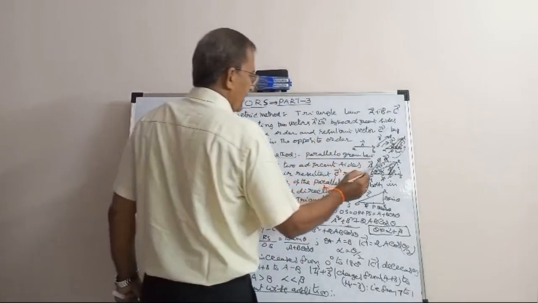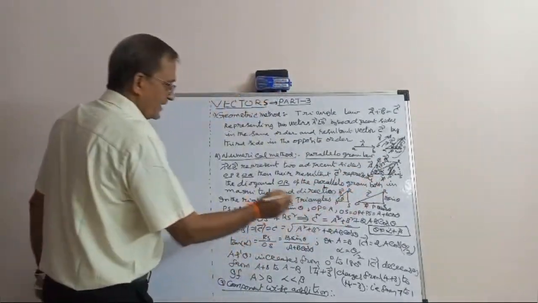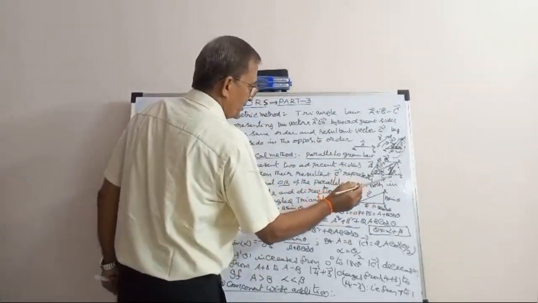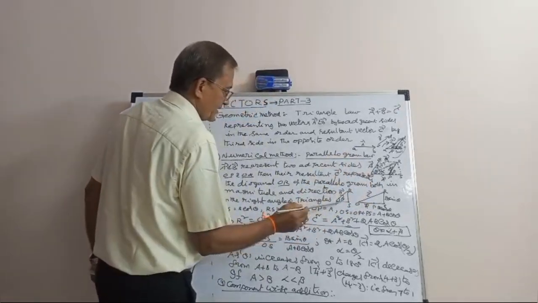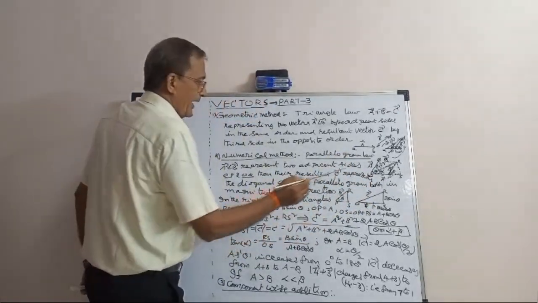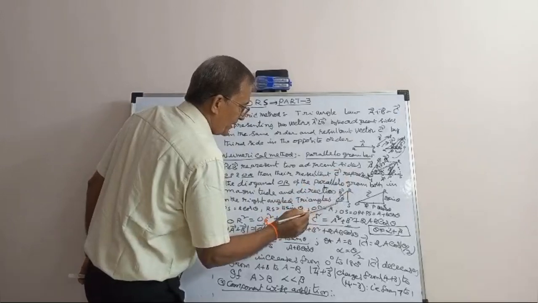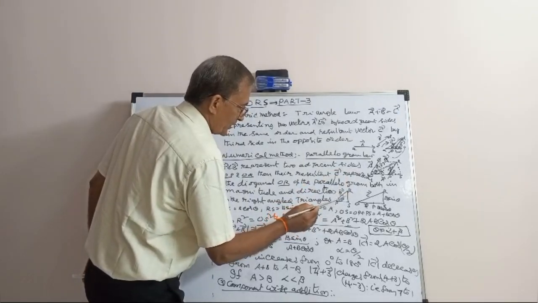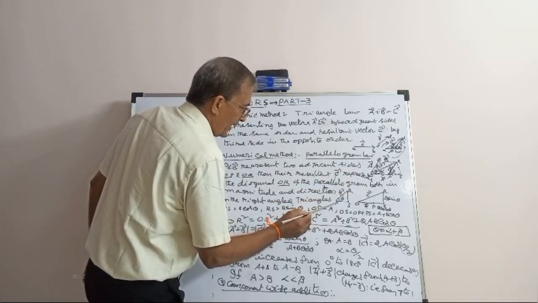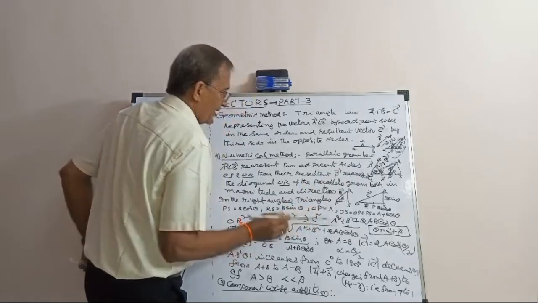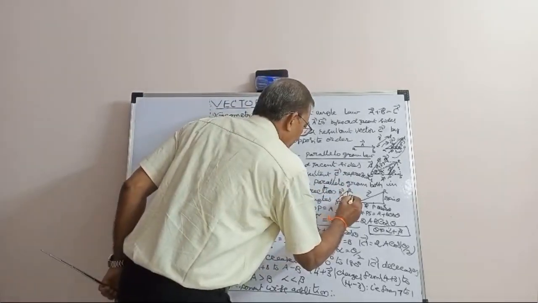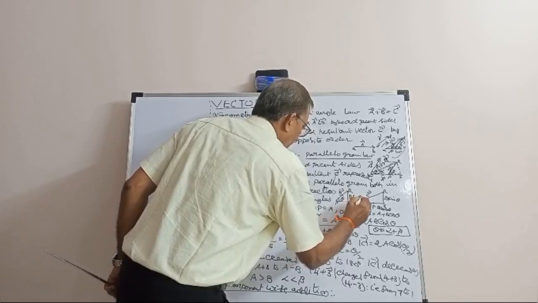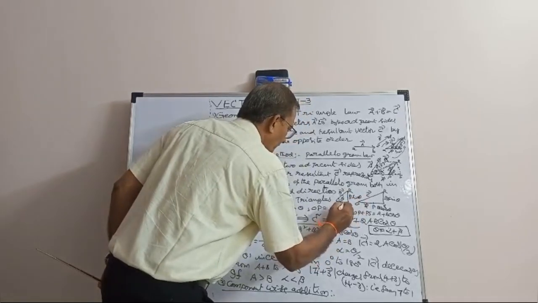So in this parallelogram, there are two right angle triangles. Observe this. One right angle triangle is SPR. In this, the angle SPR is theta, so RS is the opposite side and PS is the adjacent side, and their magnitudes are B sin theta and B cos theta.